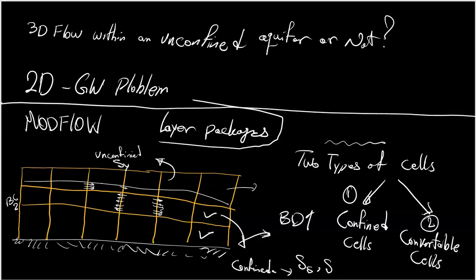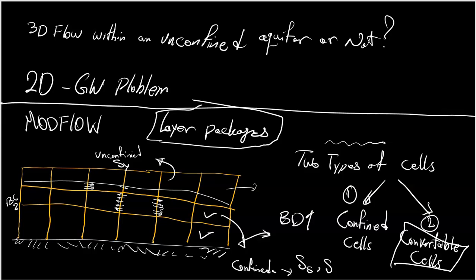So saying that, I want to clarify this: the advanced MODFLOW models can technically take care of the unsaturated, unconfined aquifers using multiple layers, and also by defining those layers as convertible cells.